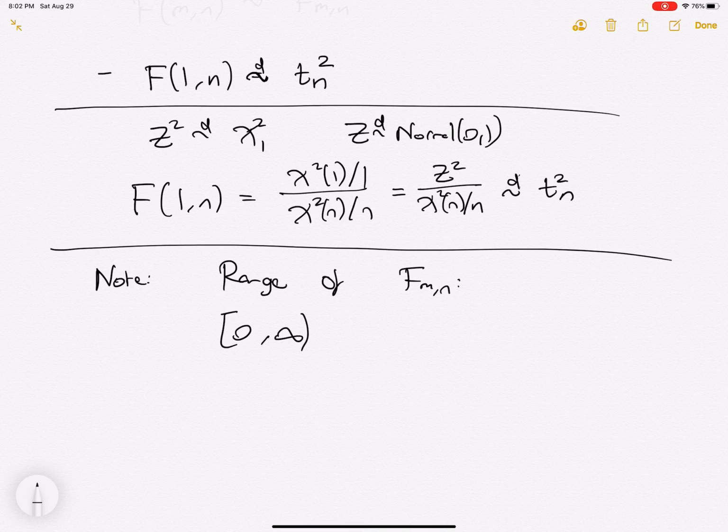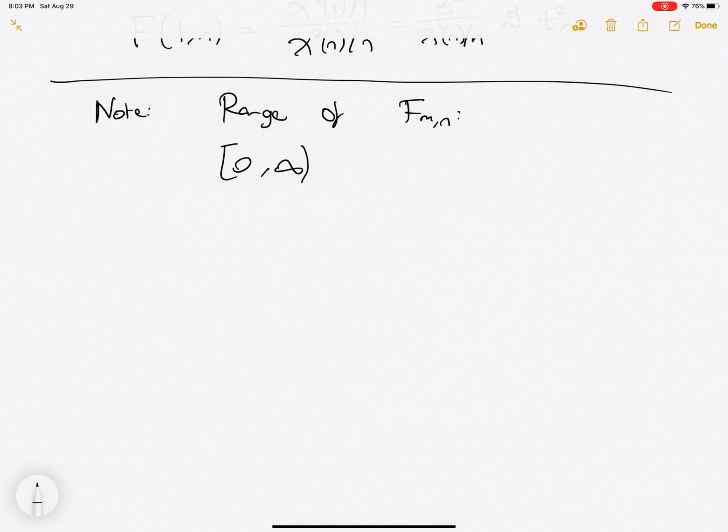This is the main property that we can deduce from this random variable. Again, we don't need to know a lot about this other than how to use it. We're going to have an F table when we need to use this.